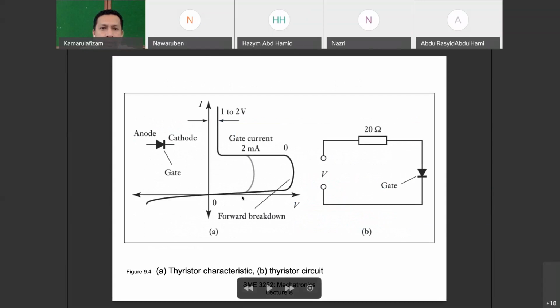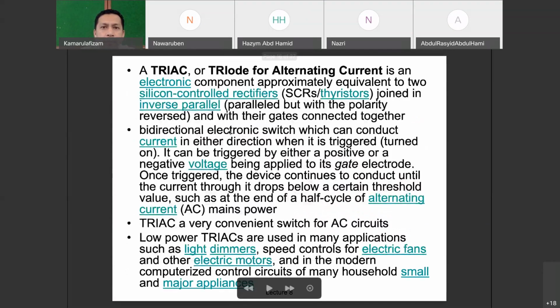Then nampak macam bentuk dia macam diode, cuma dia untuk high voltage and high current application. Sama macam diode juga lah. Okay. And it is meant for AC. Okay, diode tadi untuk DC switch. Untuk triacs ataupun thyristor dia adalah AC switch.